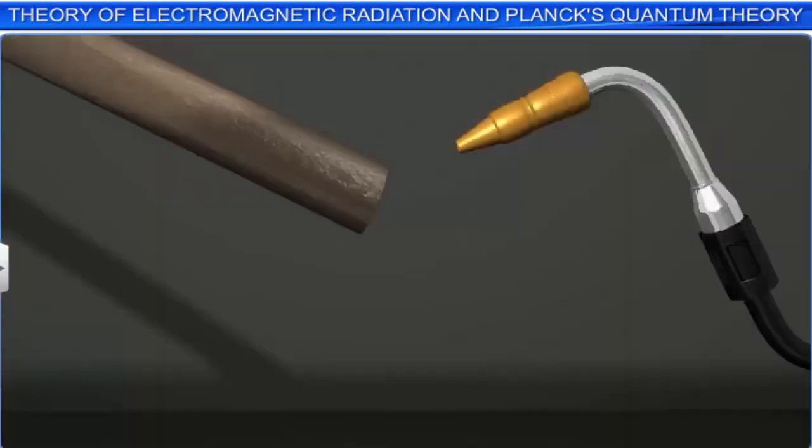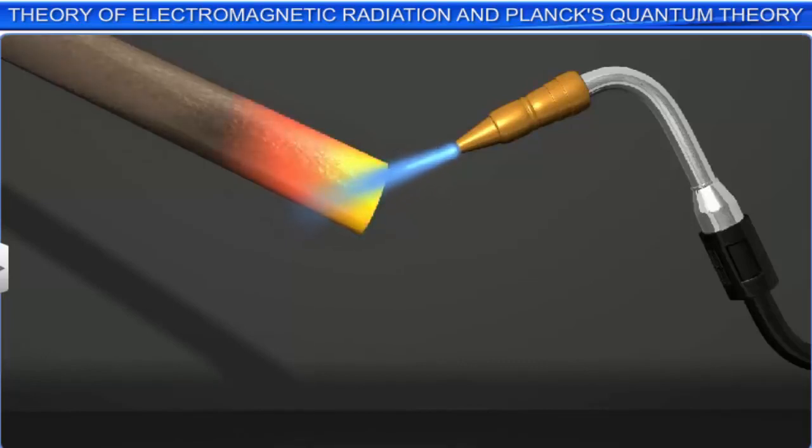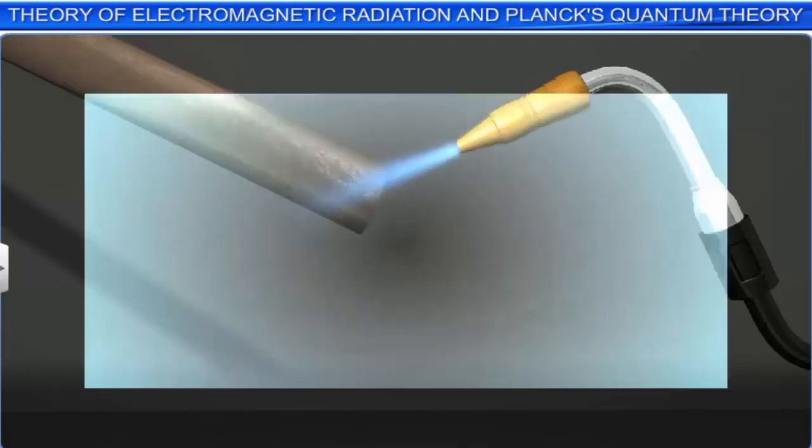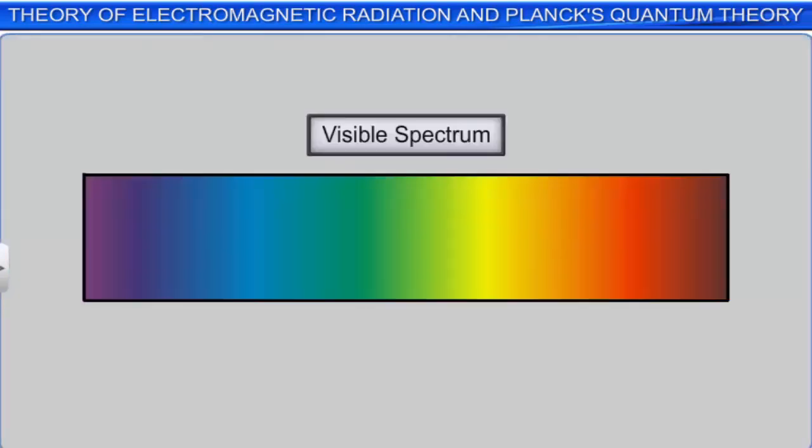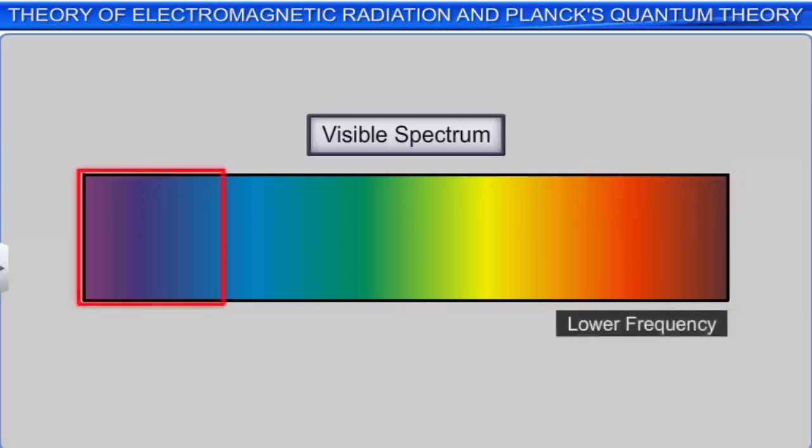For example, when an iron rod is heated, at first it turns red. As the temperature is further increased, it becomes yellow, then white, and finally turns blue. This actually shows that the radiation is emitted in the order of increasing frequency, red light being of lower frequency and blue light being of higher frequency in the visible region.